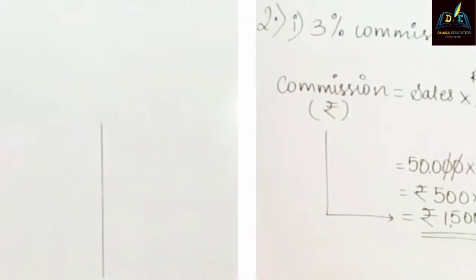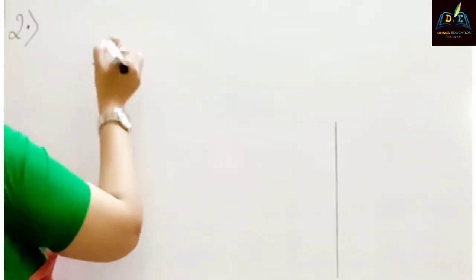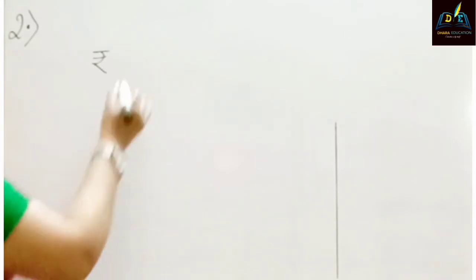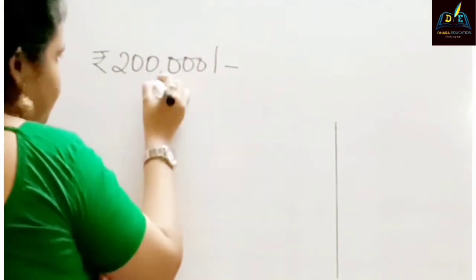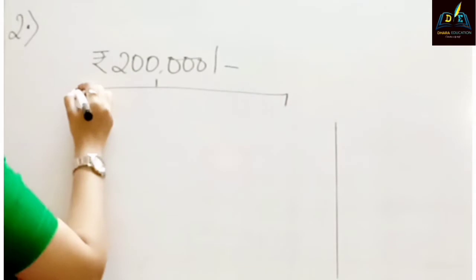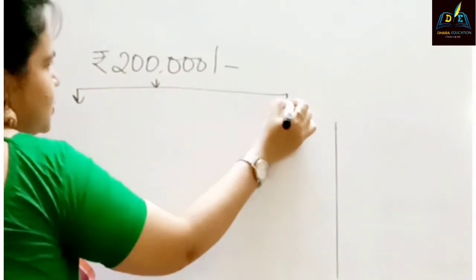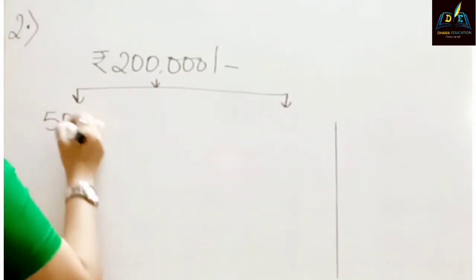Okay students, I want to explain that in the question they told us to calculate on 2 lakhs. So out of 2 lakhs, this is the total sales amount. I need to bifurcate this first.